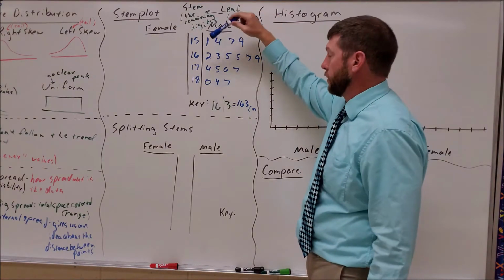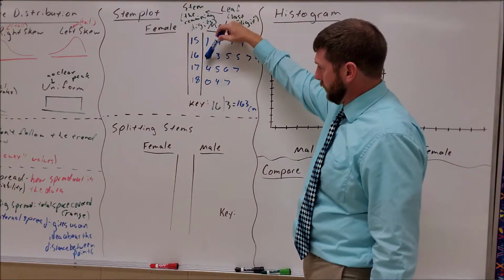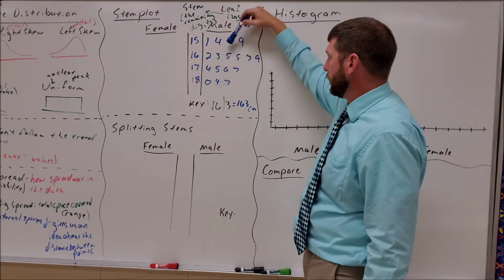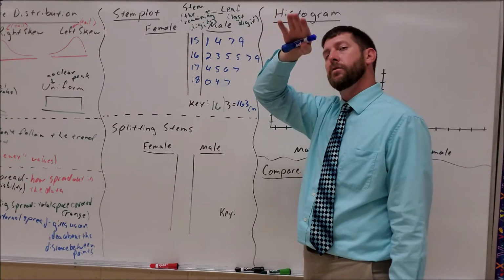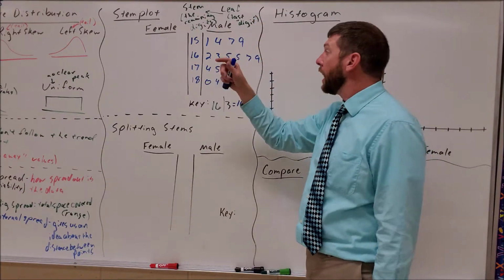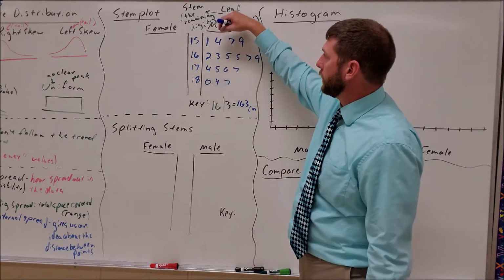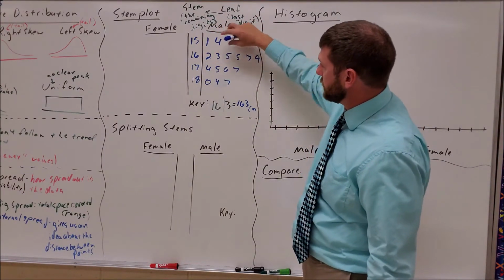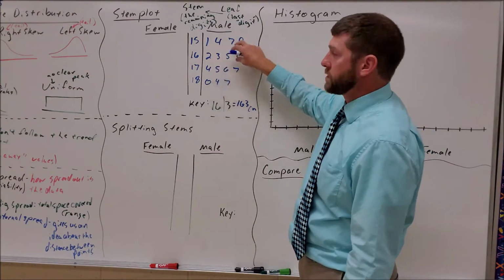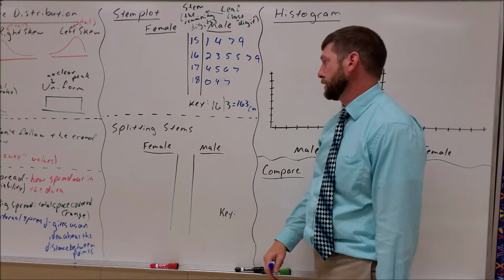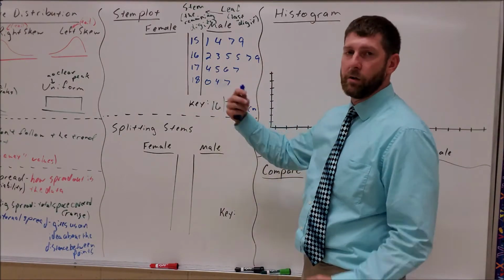Another thing to notice, see how I left this first column lined up and lined up and lined up? When I have repeat values, I'm leaving my rows lined up. I want this to look like all of my 150s, say that I have 4 values in the 150s, and then I have 2, 4, 6 values in the 160s. So I want to be able to see which one's taller.